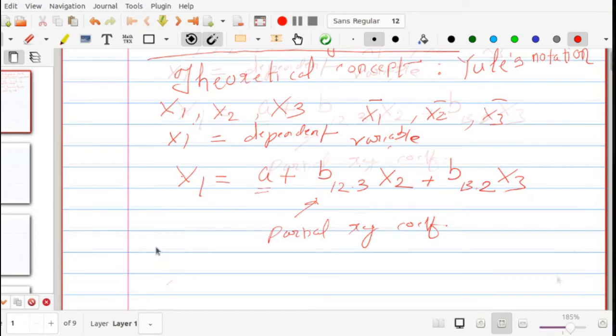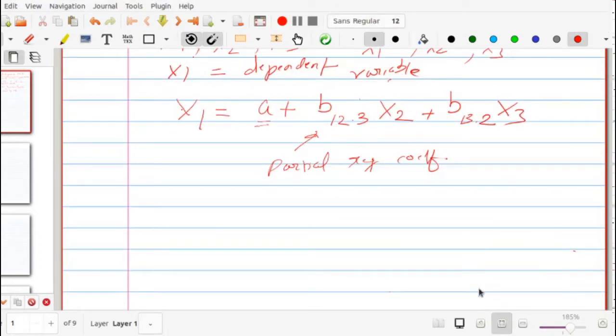So far so good. If you understood till here, you can also observe by yourself that x1 is dependent on x2 and x3, and there is a coefficient in between. There is a multiplication of a coefficient with x2 and x3, and this is what we call the partial regression coefficient, and we have to relate it with the correlation coefficient that we studied last time.